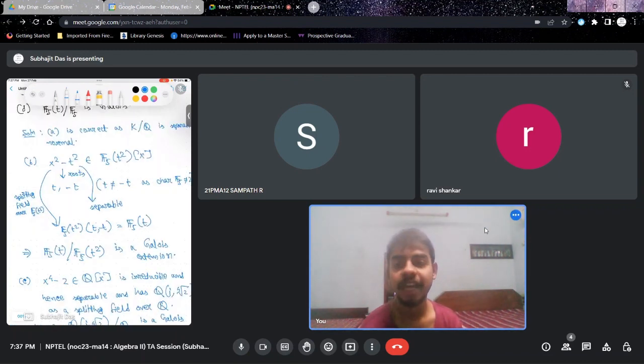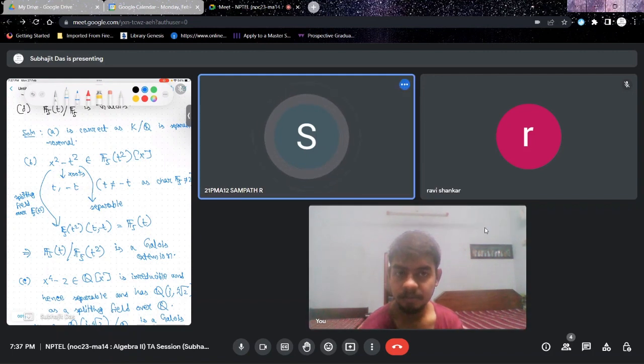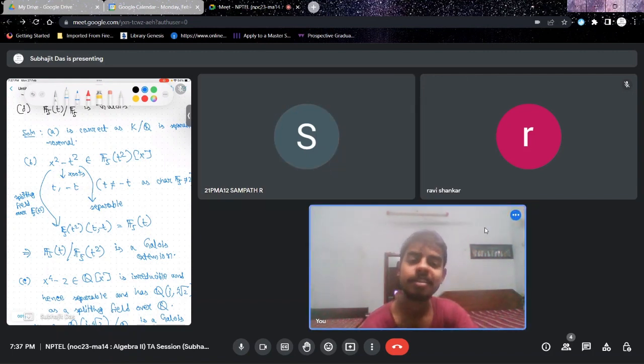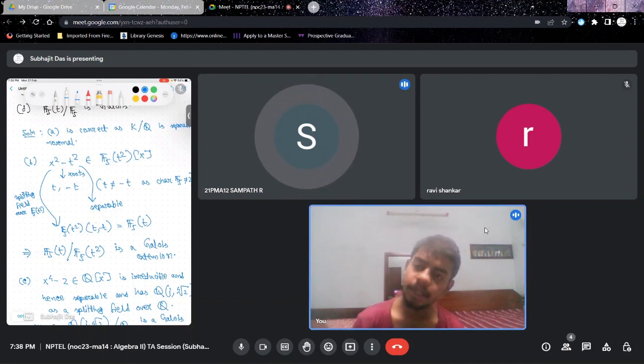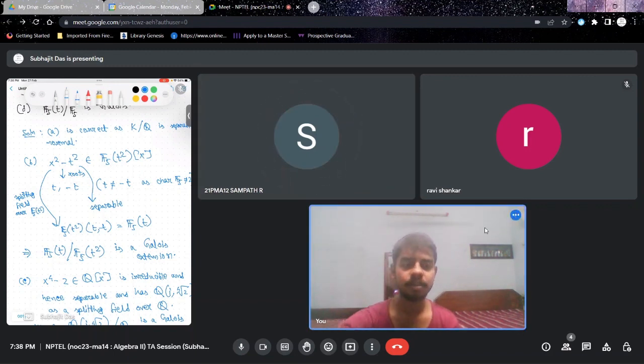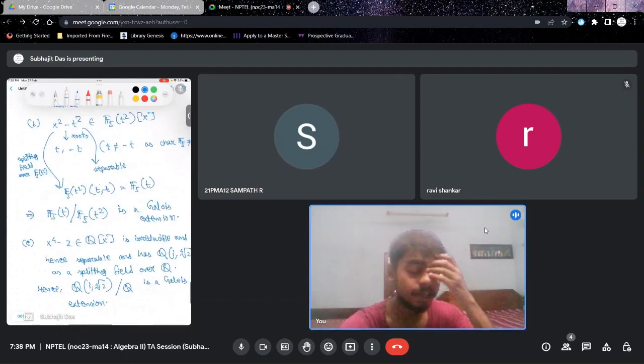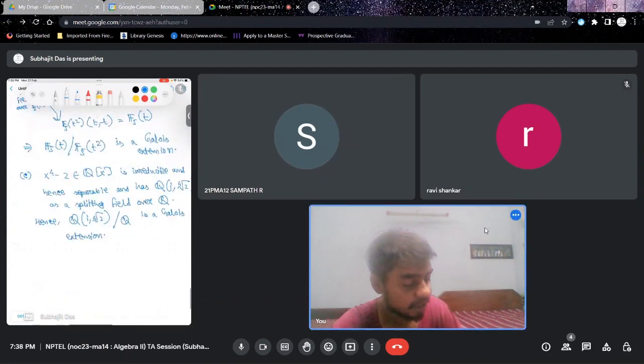Can t satisfy some non-zero polynomial over F5? Which polynomial does it satisfy? It can't, right? You can think of t as X. Is there a polynomial over F5 which has X as a root? That's not possible, right? So D is not correct.